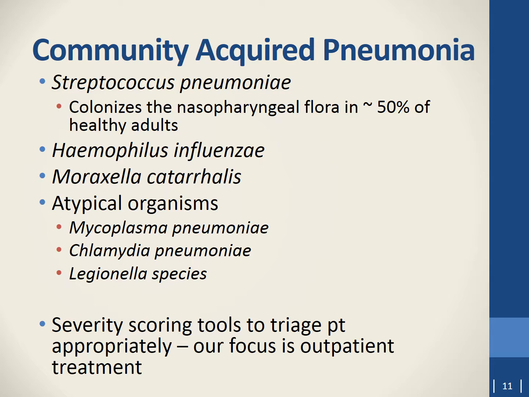Things like the CURB-65 tool to help decide whether or not the patient should be admitted to the hospital or treated in the ambulatory setting. We're not going to focus on those scoring triage tools because our focus is going to be for those patients who qualify for outpatient treatment.